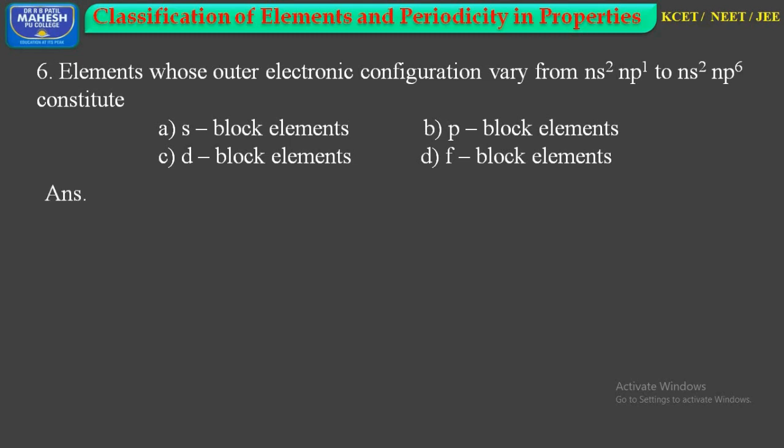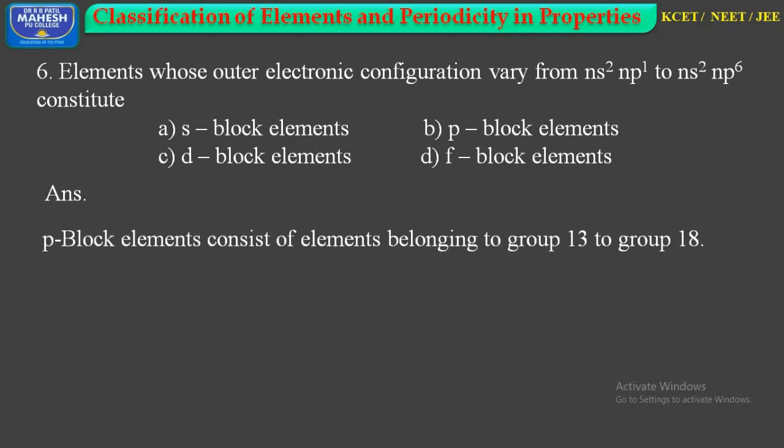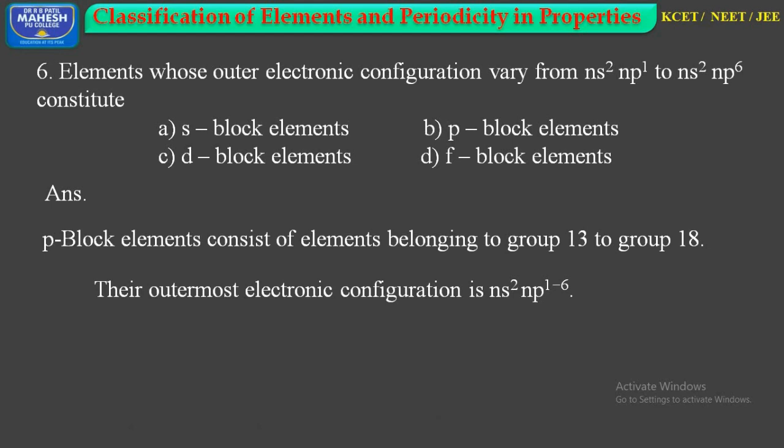Students, p block elements consist of elements belonging to group 13 up to group number 18, that is the noble gas family. So the outer electronic configuration is ns2 np1 to 6, and at the end of each period there is a noble gas element.